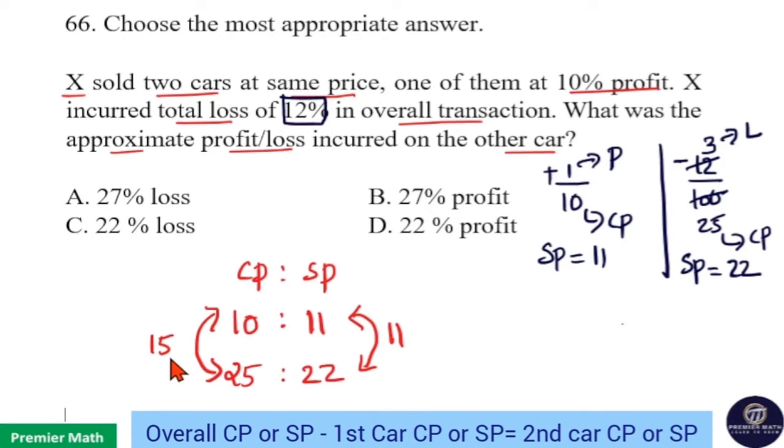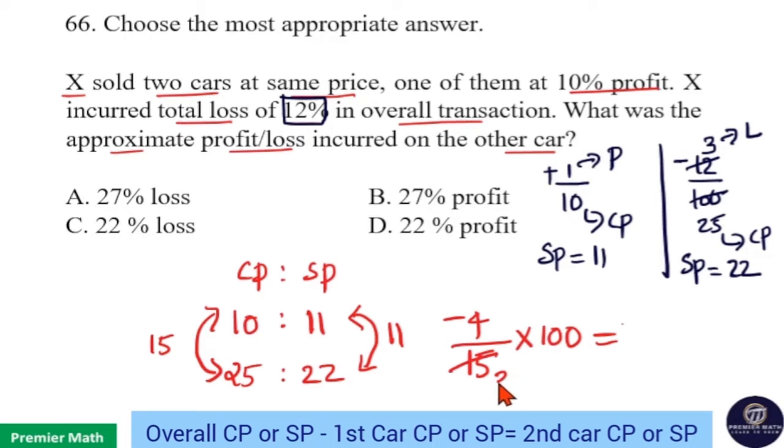Then loss or profit incurred is sell price minus cost price, which is minus 4. So this is loss. If you convert it into percentage, it will become minus 400 by 15.